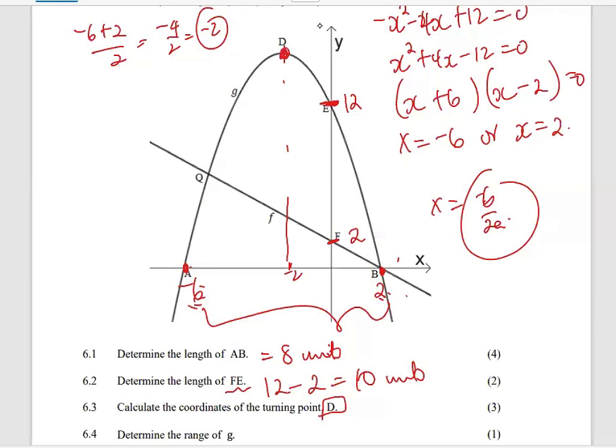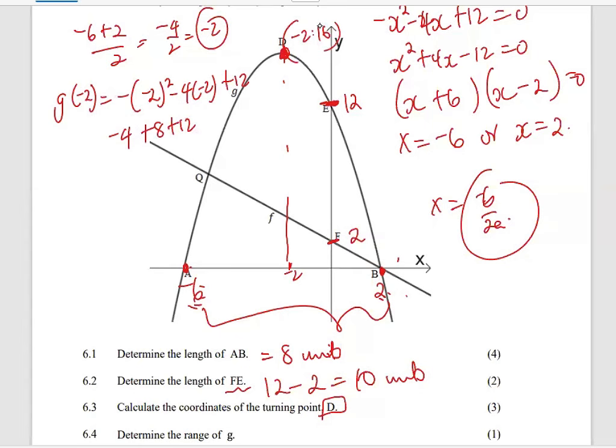Then I need to substitute this into the G graph. That's going to be negative (negative 2) squared minus 4 times negative 2 plus 12. This is going to be negative 4 plus 8 plus 12, which is 16. So negative 2 and 16 will become the answer there.